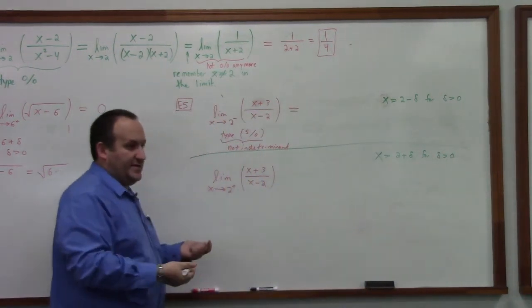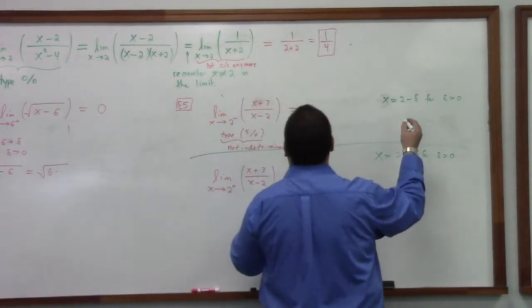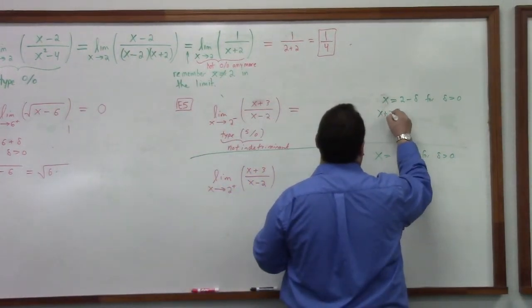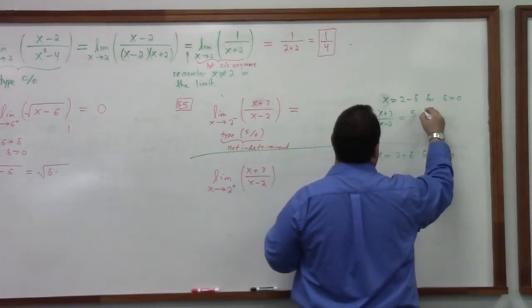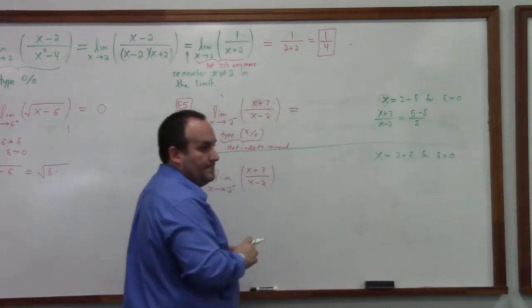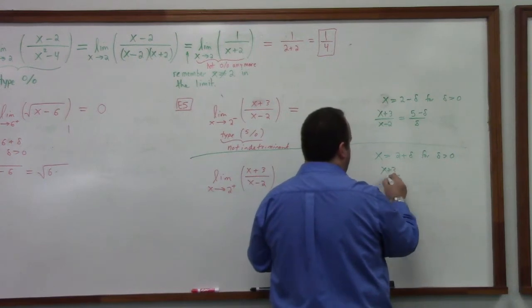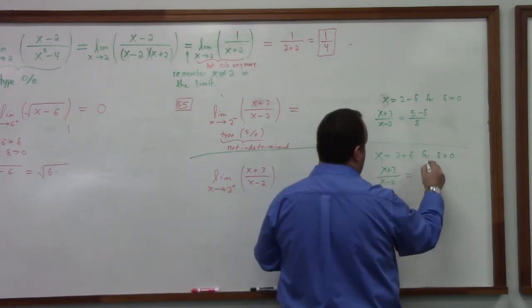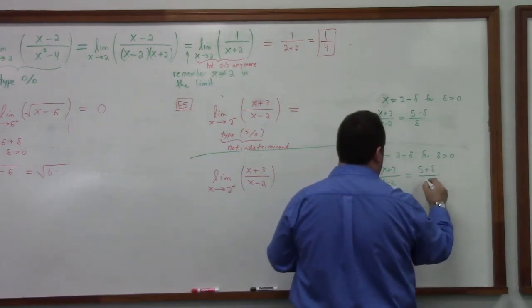That allows me to analyze the limit. And so as I look at (x plus 3) over (x minus 2), what's that give me? That gives me (5 minus delta) over delta. And for this one, it works out to (5 plus delta) over minus delta.